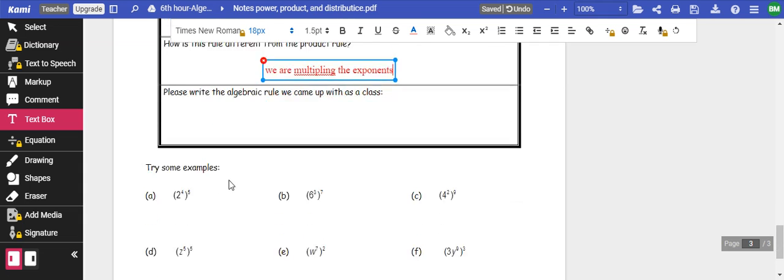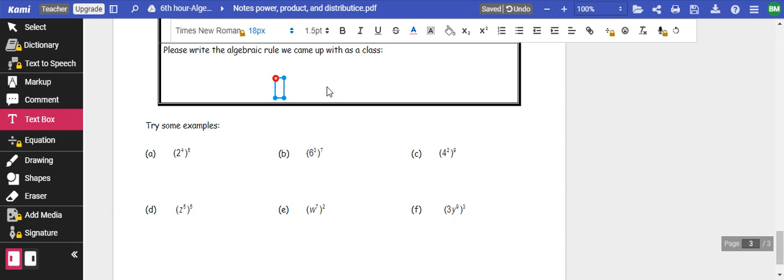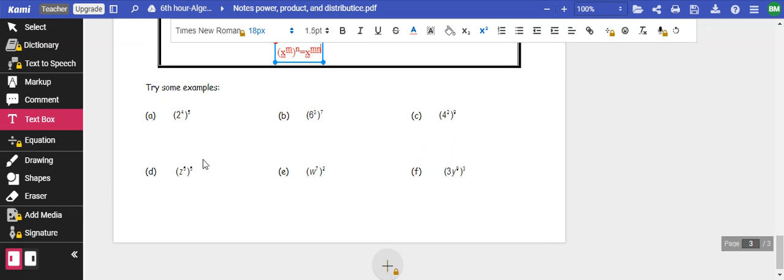The rule that I would say would be x to the m, to the n, would equal x to the mn. I'm going to use a variable for my example here.